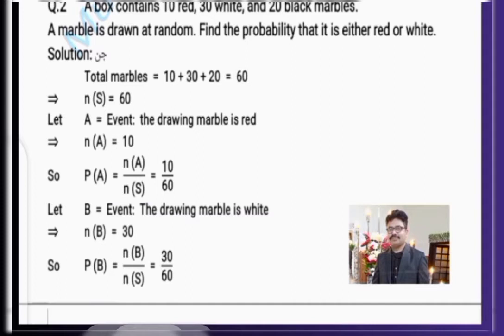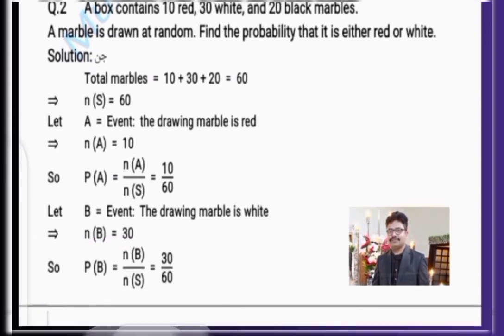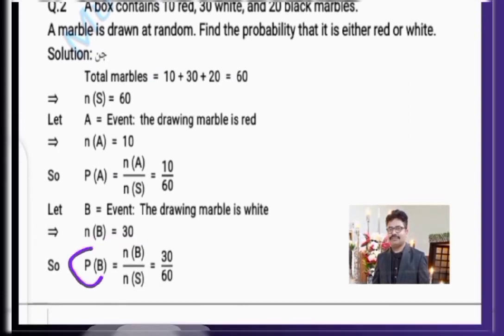So n of B, that is the number of values in event B, is equal to 30. Probability of B will be the number of values in event B divided by the number of values in the sample space. n of B is 30 and n of S is 60, so the probability of B will be 30 by 60.